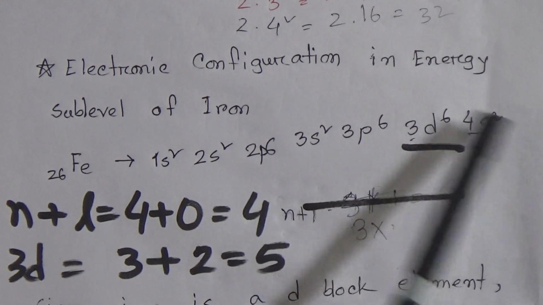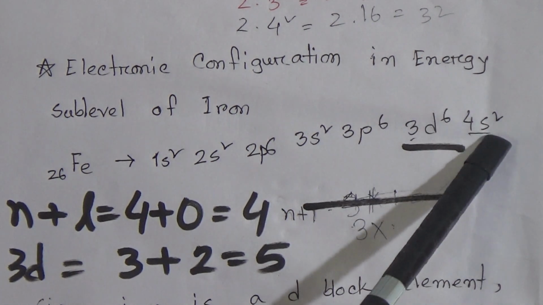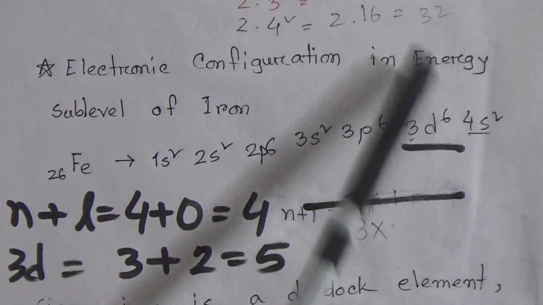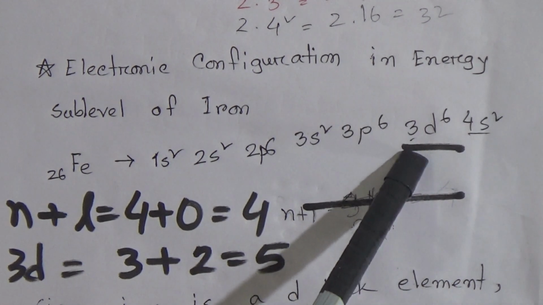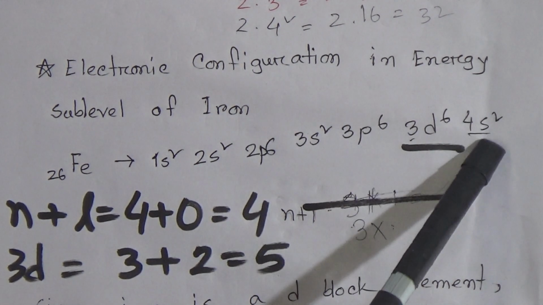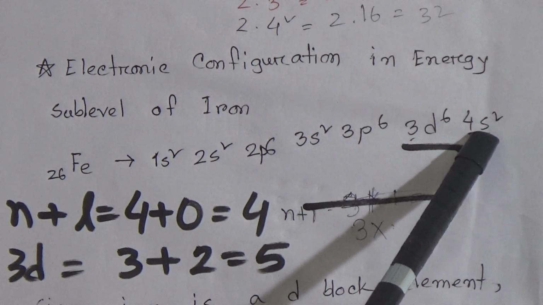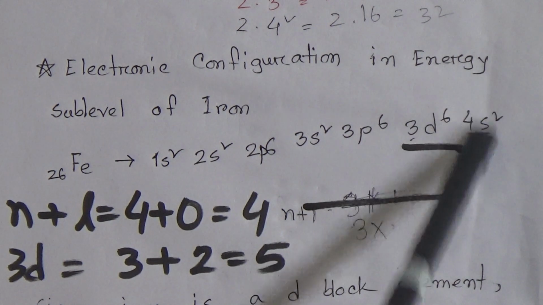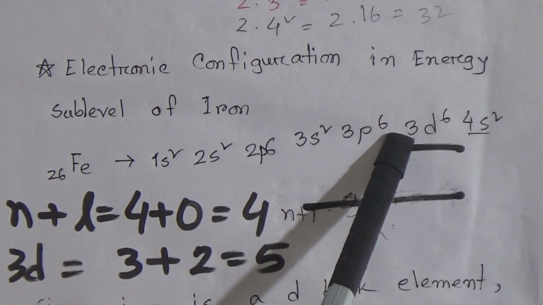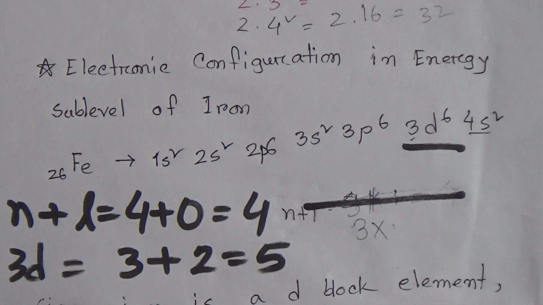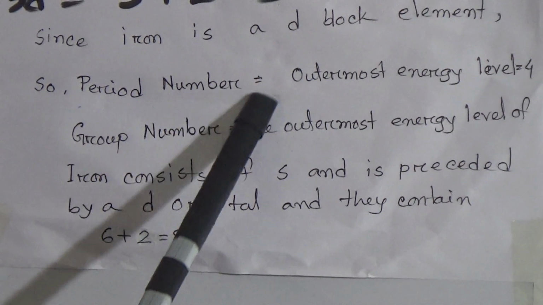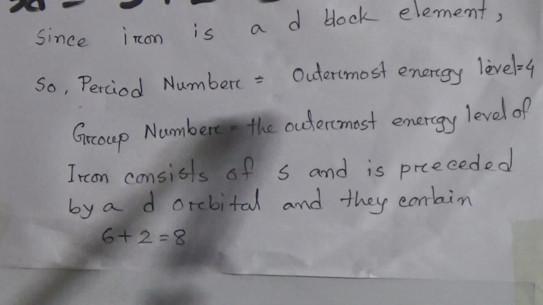That's why the electrons enter first to the 4s2, then the remaining 6 electrons come to the 3d. So 2 electrons come to the next orbit and the rest of the electrons come to the third orbit again. Since iron is a d block element, the period number is the outermost energy level, which is 4.